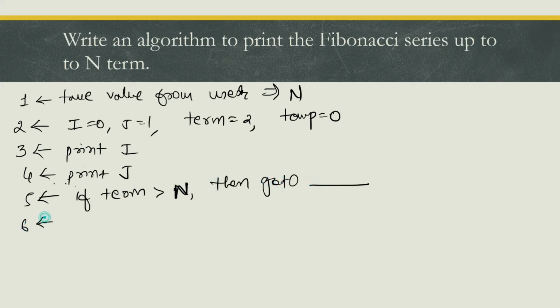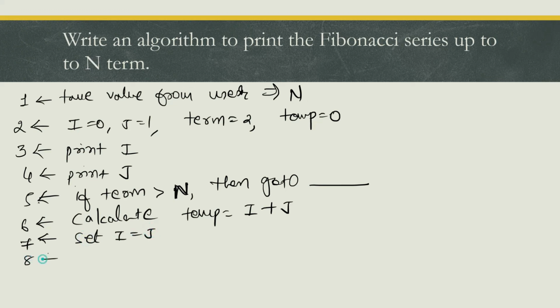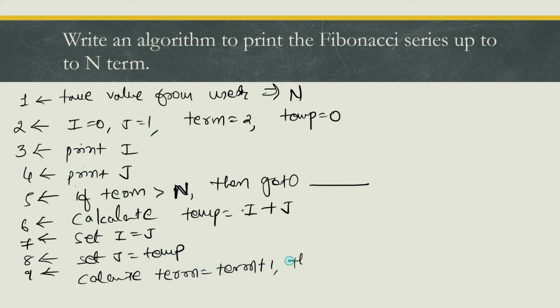Sixth step, if term is not greater than n, then calculate temp is equal to i plus j. 7, set i is equal to j. 8th step, set j is equal to temp. 9th step, calculate term is equal to term plus 1. Then go to which step? 4.